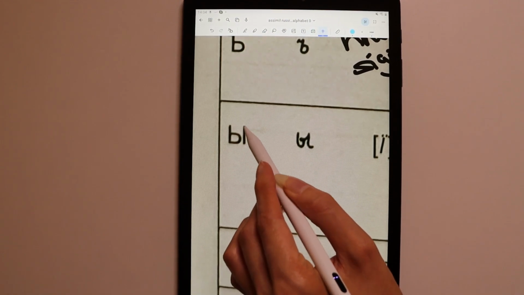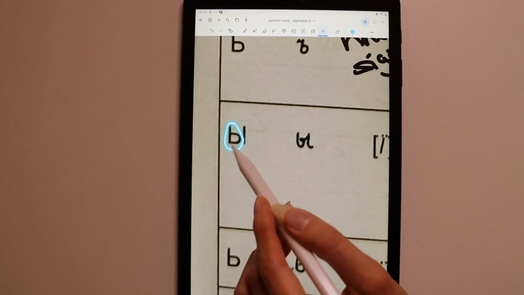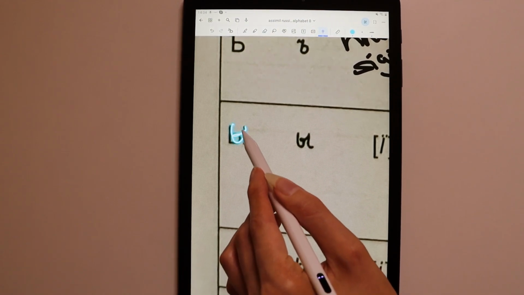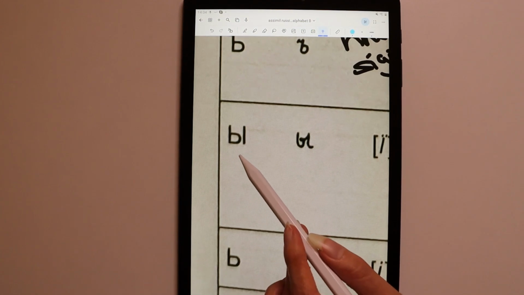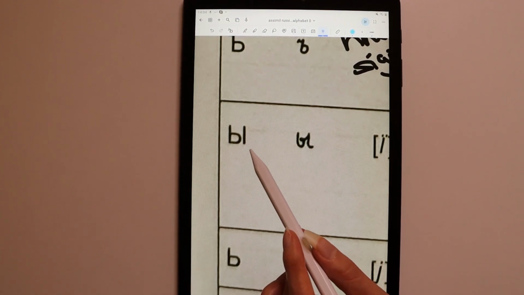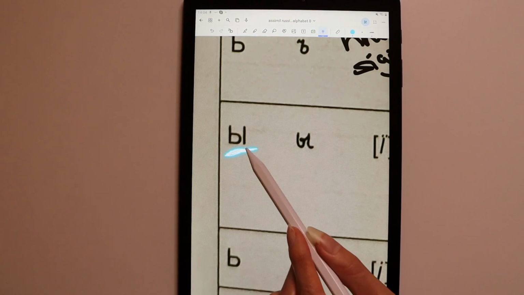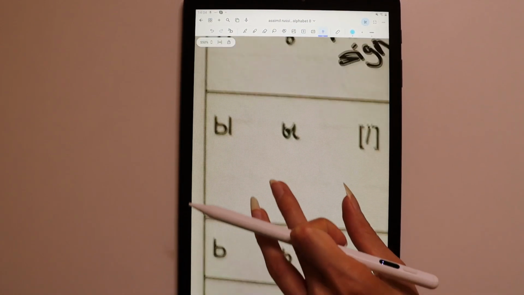This always comes together. If you only see this, it's the soft sign, but if you see this combination, this is the U. And this can't stand at the beginning of a word, so we only have the lowercase form and not an uppercase form.